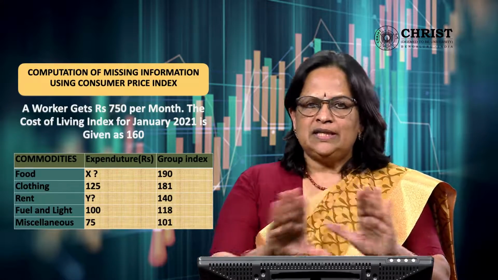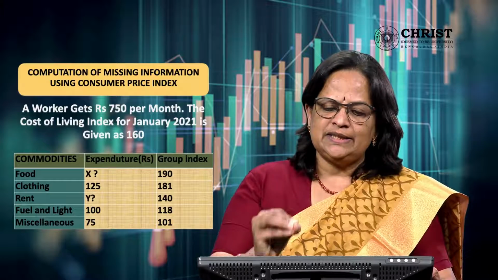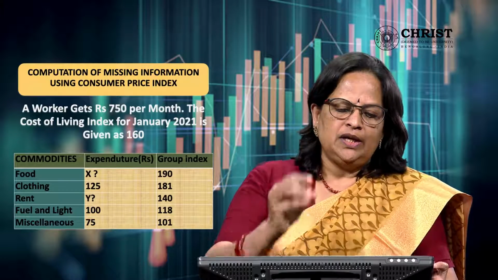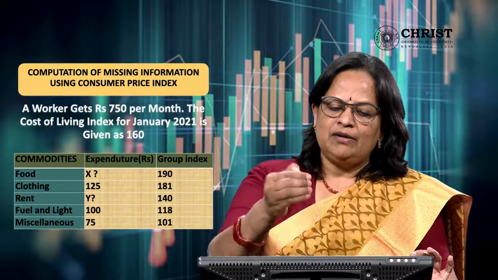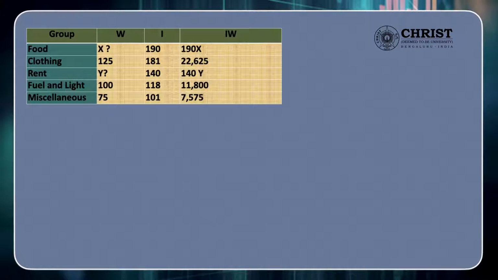Now we can see the solution in the slide. Expenditure on food is denoted as X and the rent is denoted as Y. Now the values of W are there, index values are there, IW values are there. Then you have to take the total. When you are taking the total, 42,000 plus 190x plus 140y, that is sigma IW. Sigma W total is 300 plus x plus y.